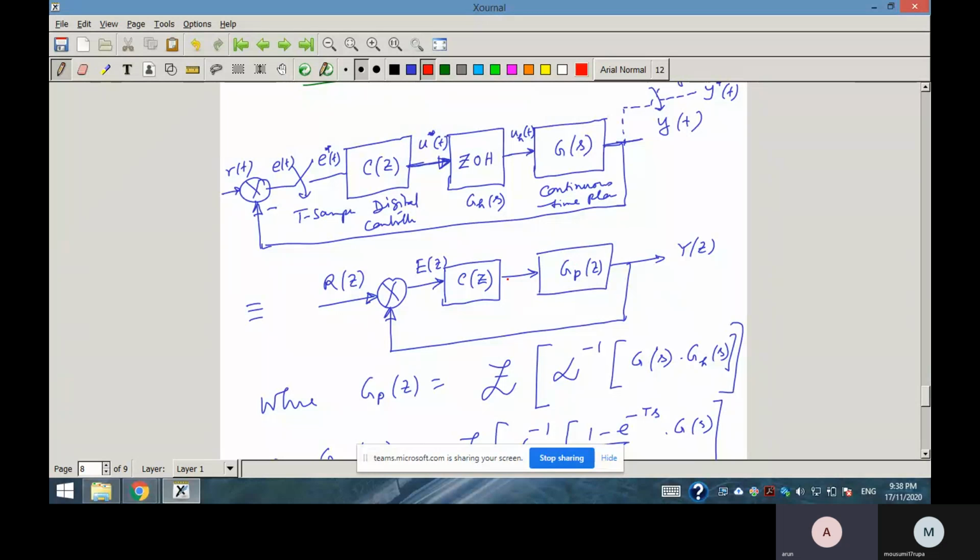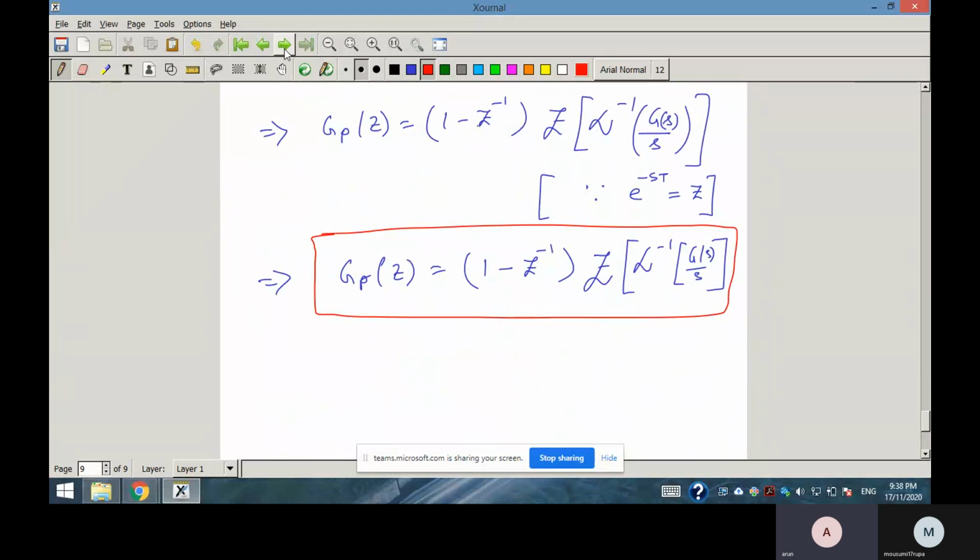So for example, one simple system we'll take, one exercise we will consider.